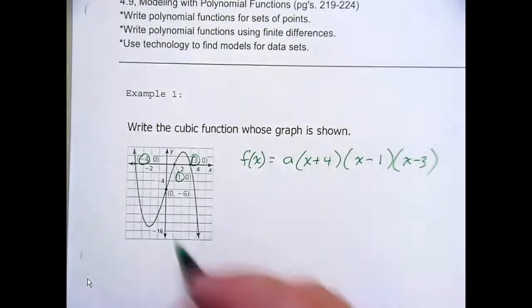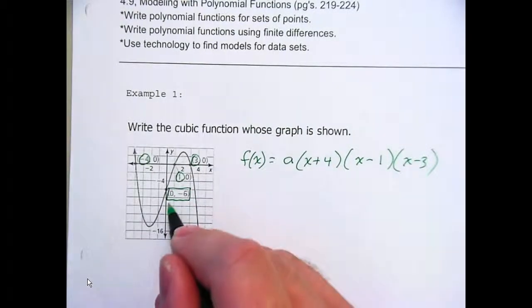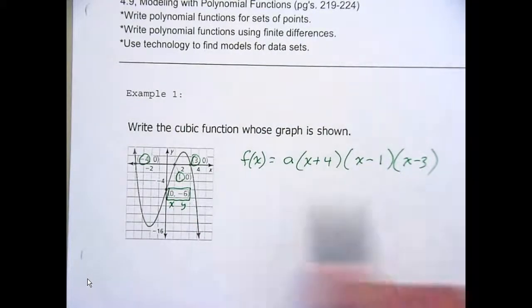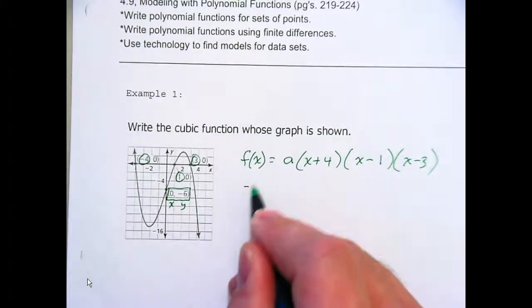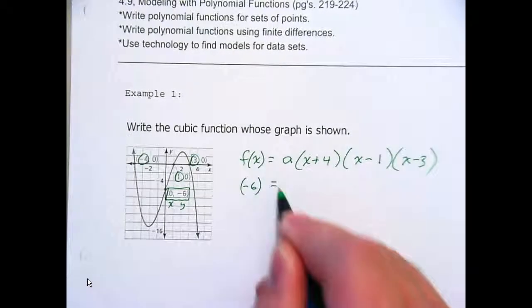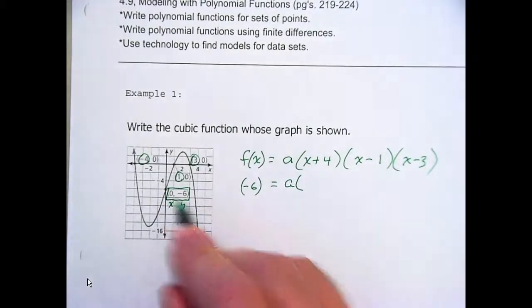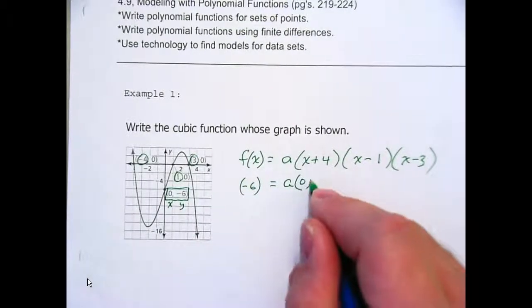The way we're going to calculate is to use this other point. We know an x value and we know a y value, or an f of x value. We can plug those in using this format. Okay, well, f of x, same thing as y, that's -6 here. And that is equal to a times, x is no longer x, it's 0. So we're using a point on the graph, that's not a comma.